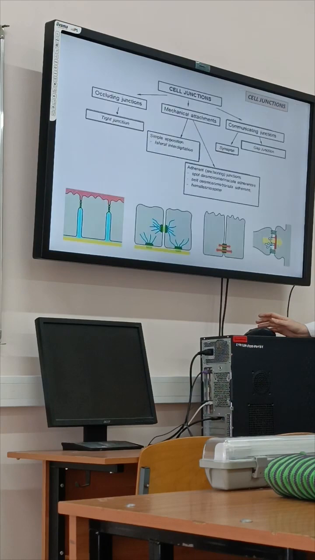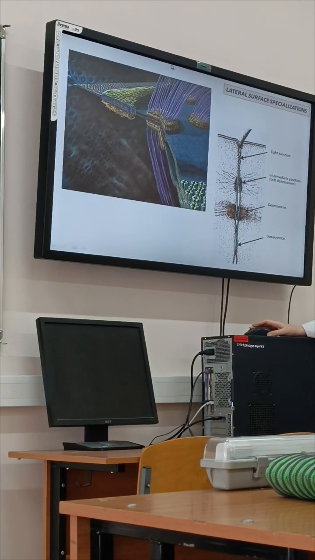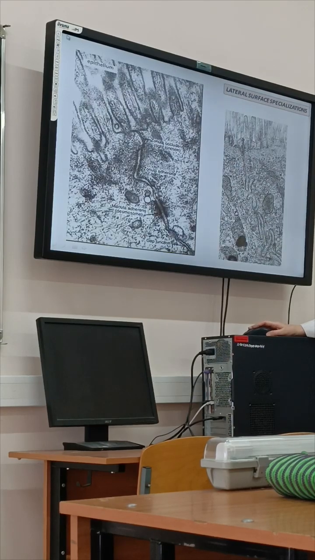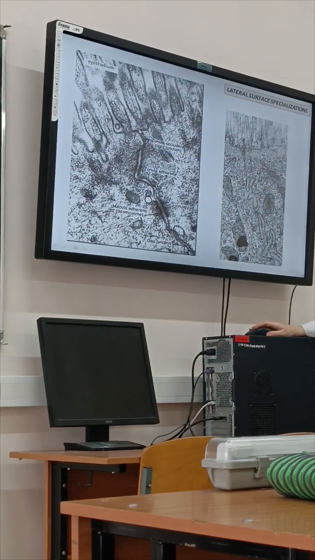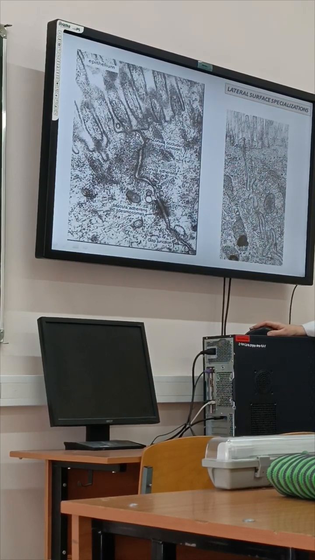That's why if we examine this, we can't see three lines. We can see gray color material, so these are microvilli. Closer to the apical surface, we can see zonal occludens or tight junction.